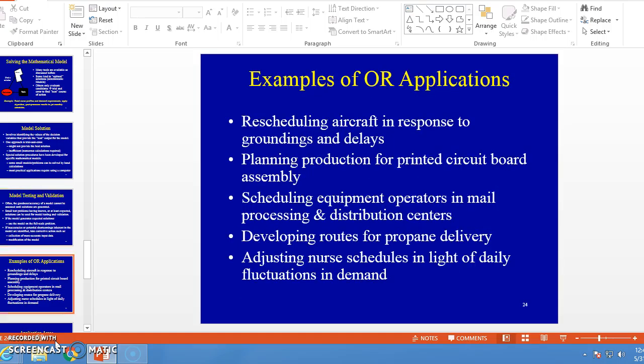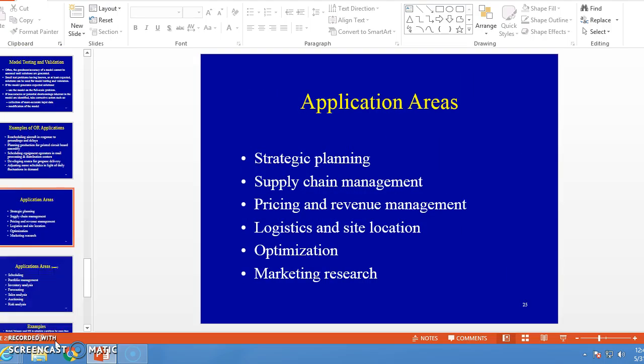The next one is examples of OR application. Rescheduling aircraft in response to grounding and delays. Planning production for printed circuit board assembly. Scheduling equipment operators in mail processing and distribution centers. Developing routes for propane delivery. Adjusting nurse schedules in light of daily fluctuation in demand.